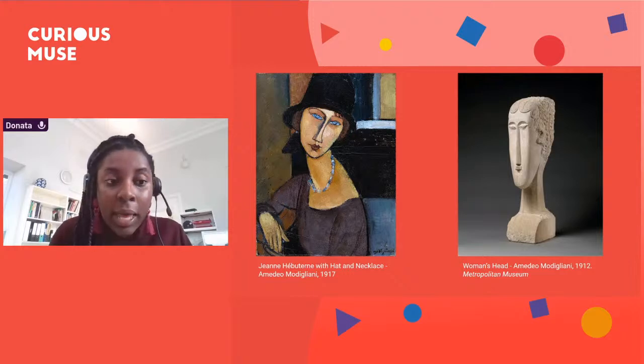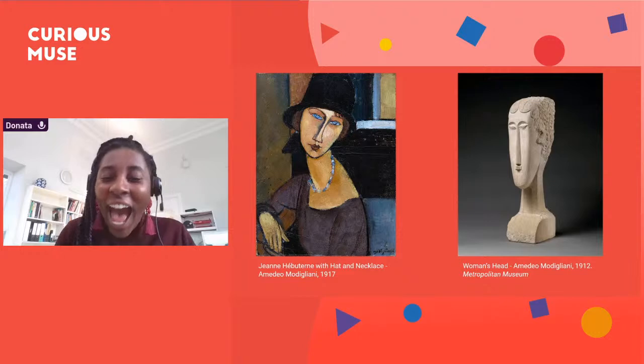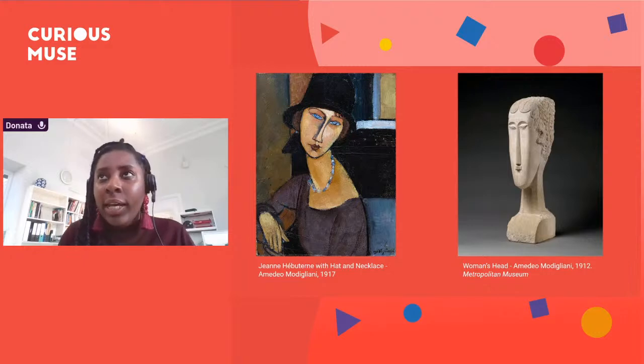And this is Amedeo Modigliani, and it's Jeanne Hébuterne with Hat and Necklace, made in 1917. Jeanne Hébuterne was a French painter and artist herself, and she was also Modigliani's partner and muse, as he created over 80 works that include her.